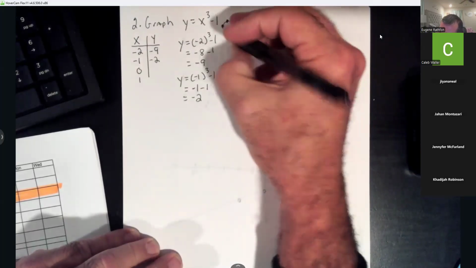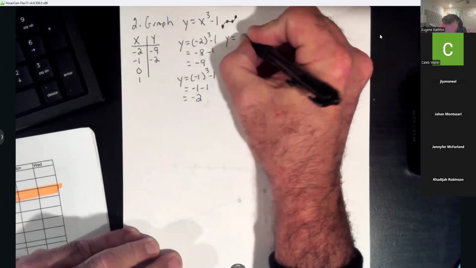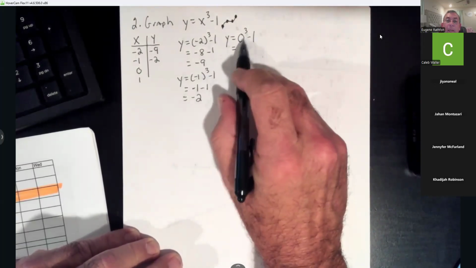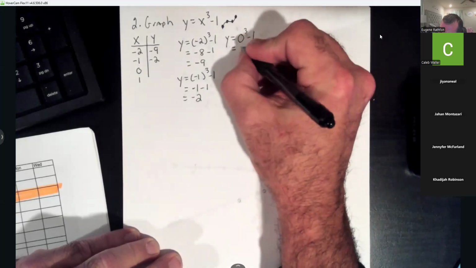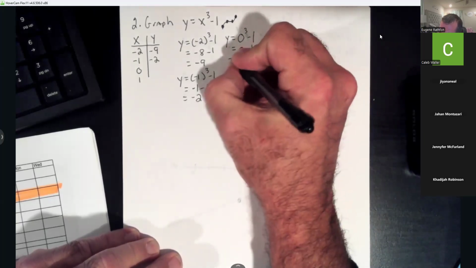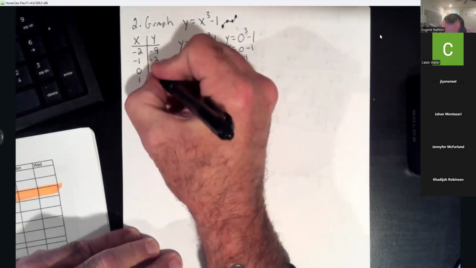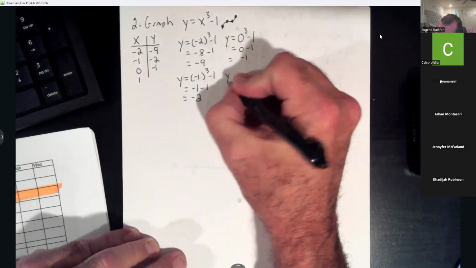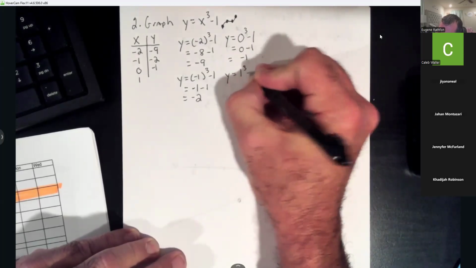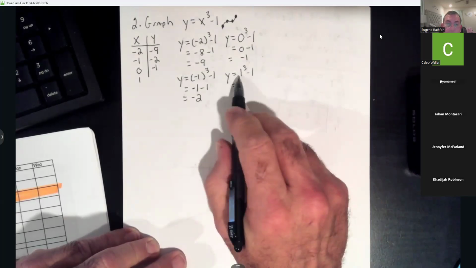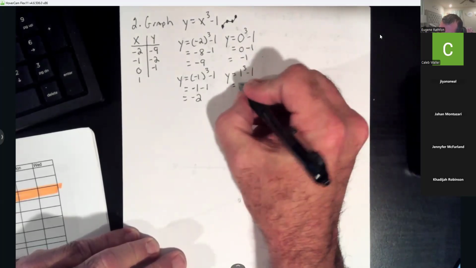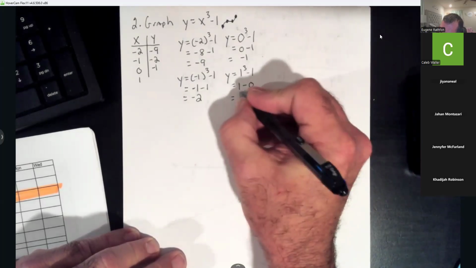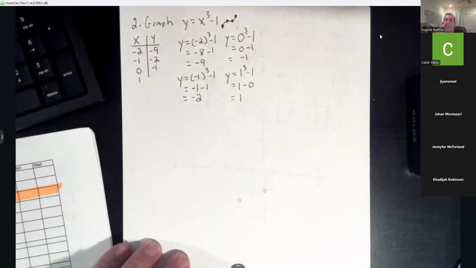All right, we'll put 0 in. Well, 0 to any exponent is 0. So I get 0 minus 1, which is -1. And then finally, let's put a +1 in. So 1 times 1 times 1 is 1. And I get 1 minus 0. And y'all, 1 minus 0 is 1.